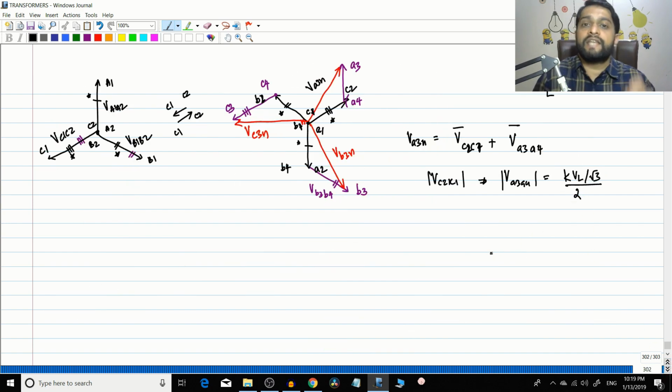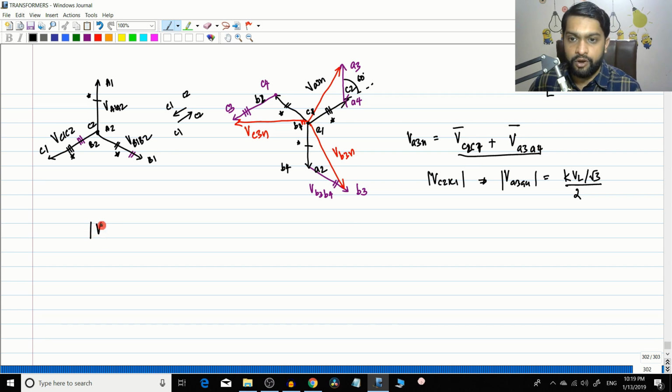Now just like how we derived for the delta zigzag star connection, we can use the triangle law of vector addition and find the value of VA3N. If you do a little bit of trigonometry, you will find that the angle between VC2C1 and VA3A4 is 60 degrees.